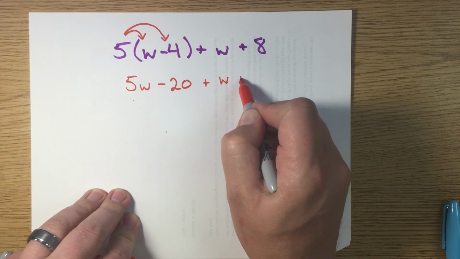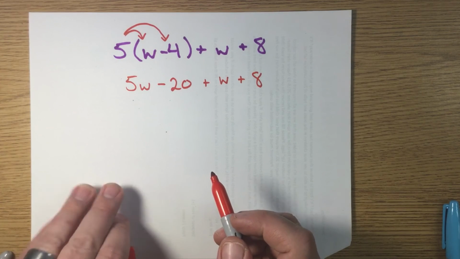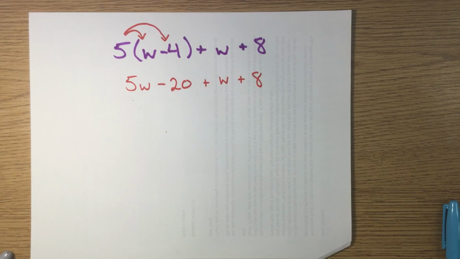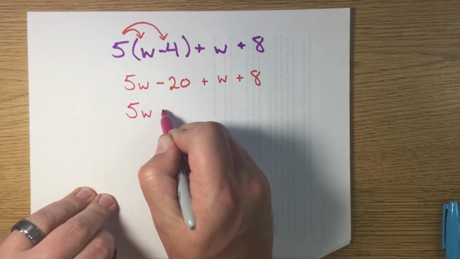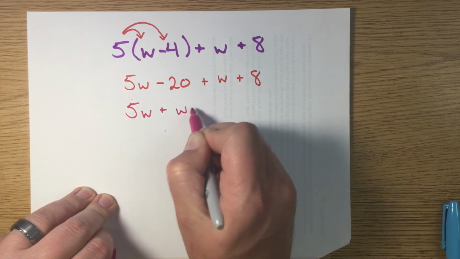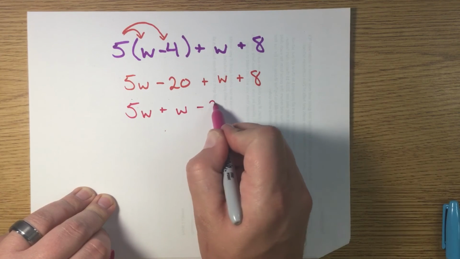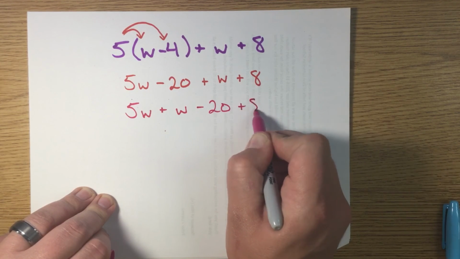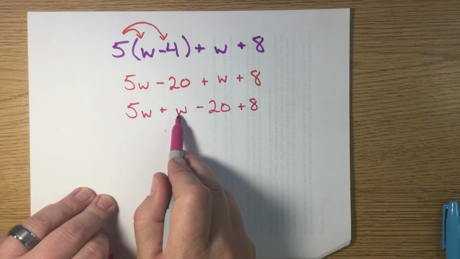Everything else drops down. And now I've got a problem back to what I had in example 2, and I think I can do this one. Let's find out. I'm going to use the commutative property and move my like terms next to each other. So 5w and w get moved next to each other, and my negative 20 and my positive 8 get moved next to each other. Now I've got 5w plus 1w.